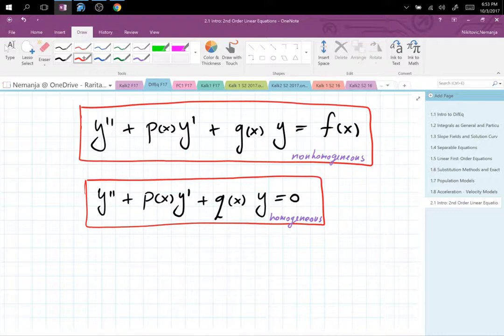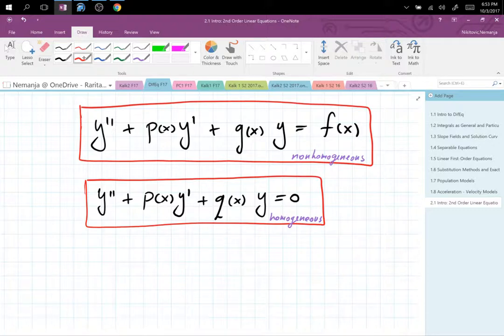If each one of the solutions is a solution to the differential equation, then their linear combination is also a solution to the differential equation. There is a proof for that. And we call this the principle of superposition for homogeneous equations.